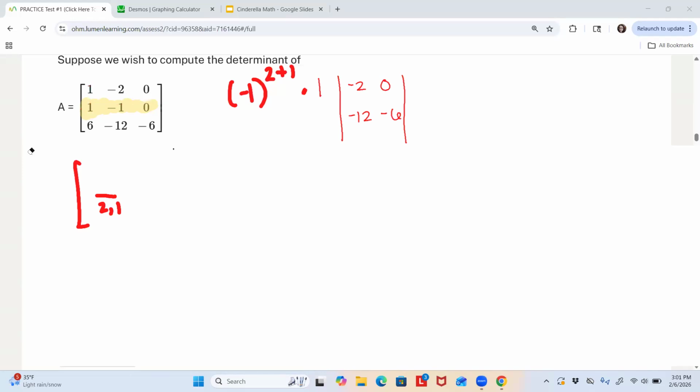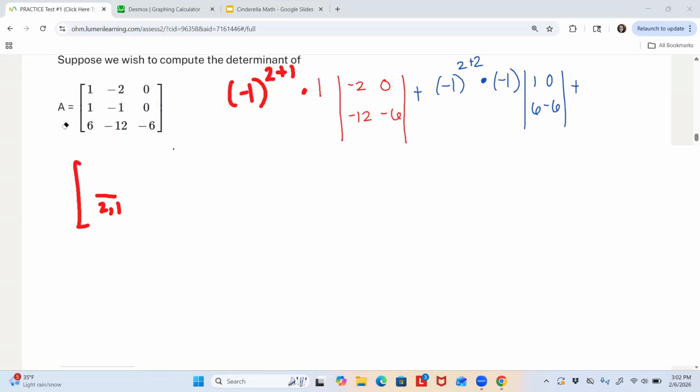Now we want to come to the next number over. So it's this one right here. What position is it in? Second row, second column. So we're going to do -1 to the second plus second, times that number, which is -1, and then the determinant of what's left after the cross. So what is left? 1, 0, 6, -6. Okay.